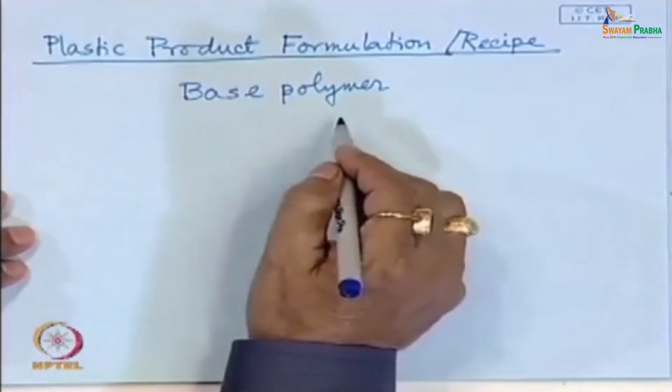Now, that may be polyethylene, polypropylene, polyvinyl chloride, polyacrylonitrile, polystyrene, acrylonitrile butadiene styrene, phenol and formaldehyde polymers, or polycarbonate. So, first of all you select a base polymer, guided by the final product you require.